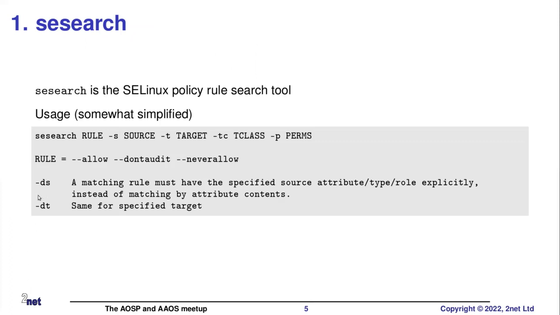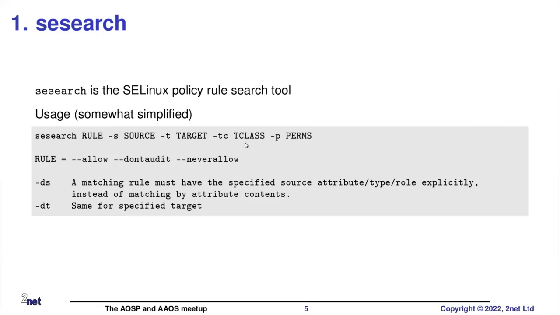The basic usage is like this. So you have SESearch, then you specify the rule that you want to search on. So this can be an allow rule or a dontaudit or neverallow. There's a few others as well, which I haven't included here for clarity. Then you can give the source context, so that would be the program. The target context, that would be the thing that you're trying to access, typically a file or a socket or something.